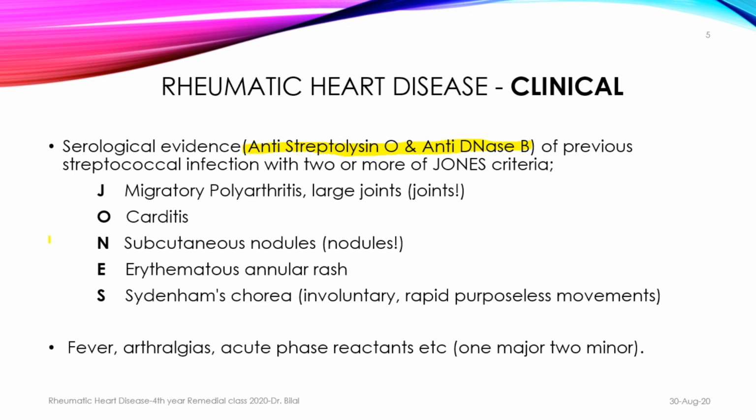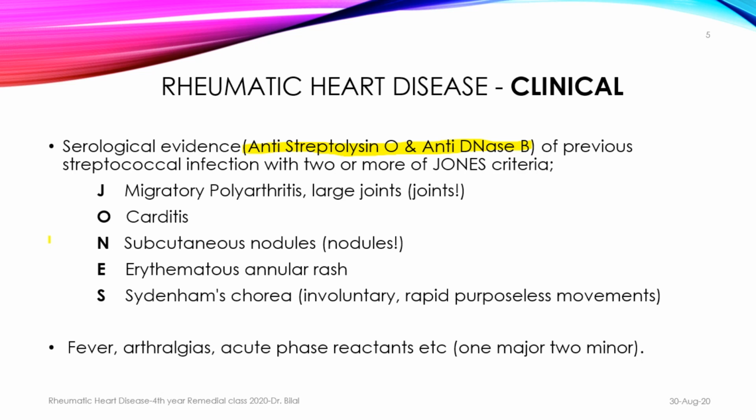We talked about it in the definition, that it's an immunologically mediated disease. Therefore, we try to detect antibodies, and the highlighted ones are the most important: anti-streptolysin O and anti-DNase B antibodies.